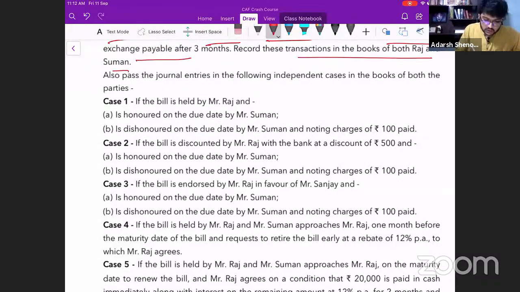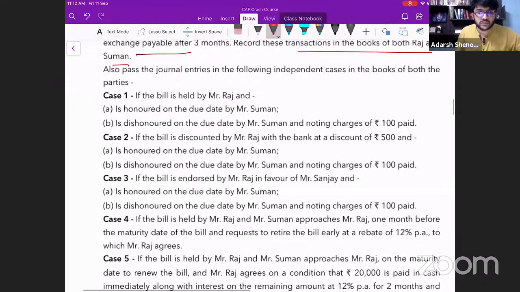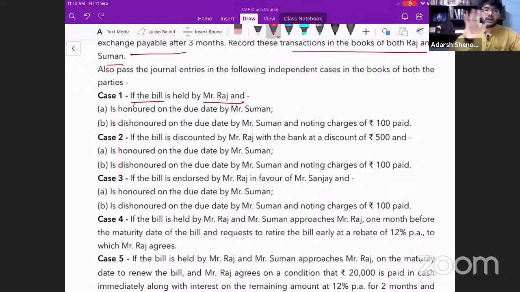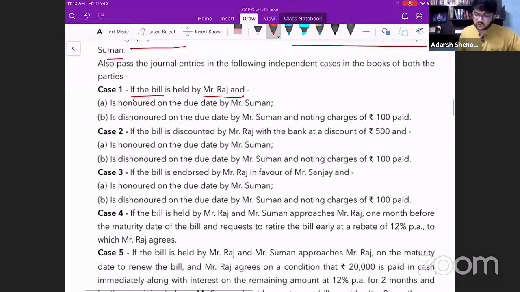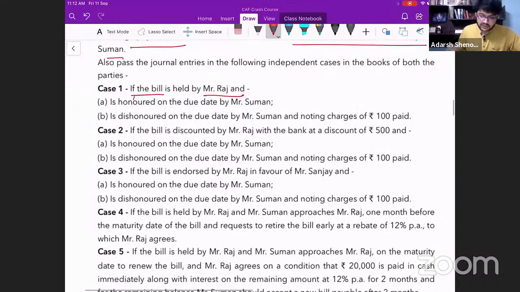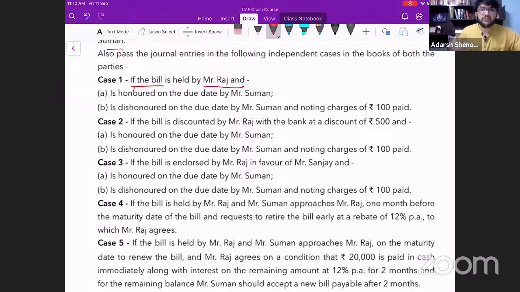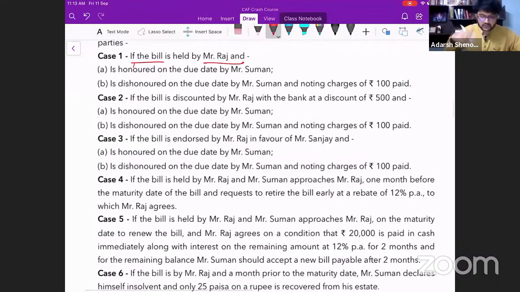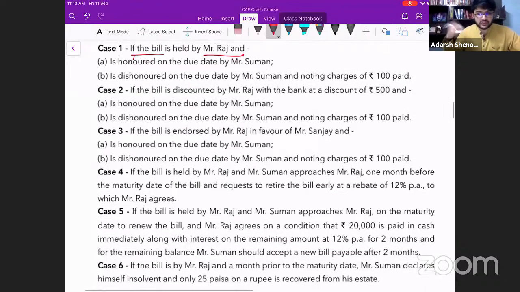Case 1 is if the bill is held by Mr. Raj, that is, he is not doing anything with the bill, he is keeping it in his cupboard. In this also there are 2 sub cases: A, it is honored on the due date by Mr. Suman; B, it is dishonored on the due date by Mr. Suman, and noting charges of rupees 100 are paid. Case 2, if the bill is discounted by Raj with the bank, the same 2 sub cases are there: honored, dishonored, noting charges.